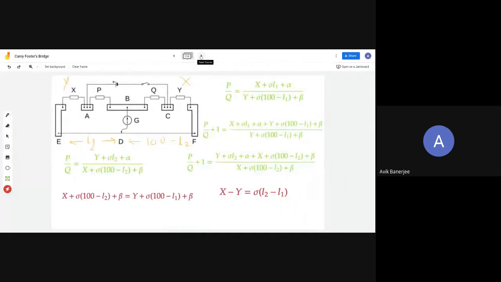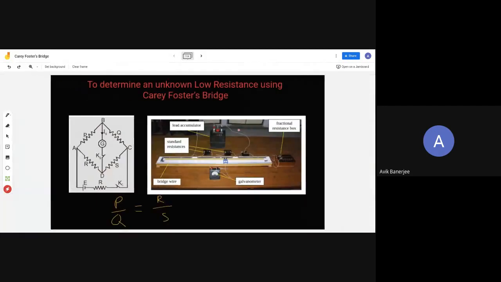If you look at the construction of the bridge, they are almost the same, because in the second part, we're going to swap these two. When we connect, once we connect the fractional resistance box here, and once in this gap, the other gap we are connecting using the metal strip. We are making that 0.